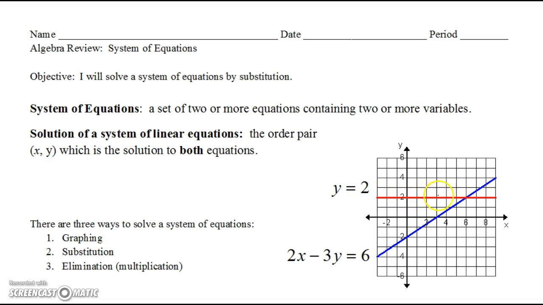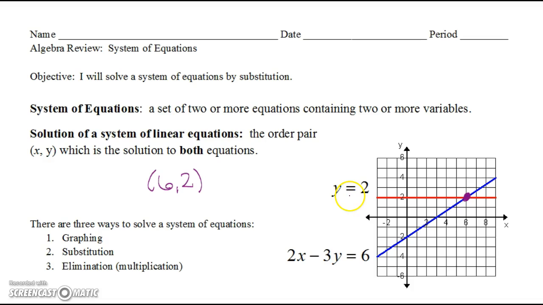If we're looking at a graph of the line y equals 2 and a graph of the line 2x minus 3y equals 6, where do these two lines intersect? These two lines intersect at 6, 2.